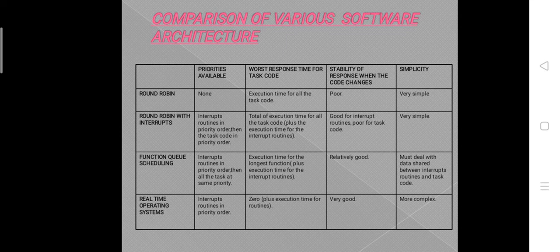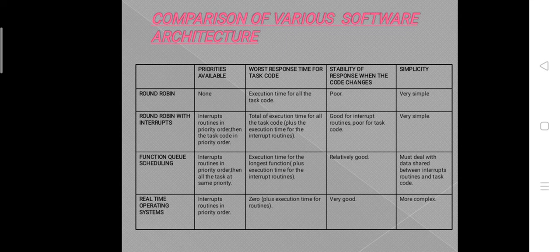So in round robin, the priorities are not available. Worst response time is execution time for all the task codes. Stability is poor for round robin, and it is very simple.